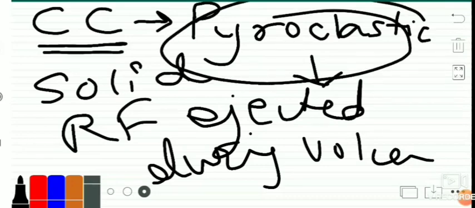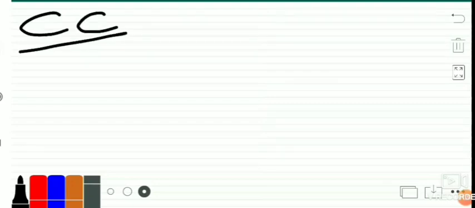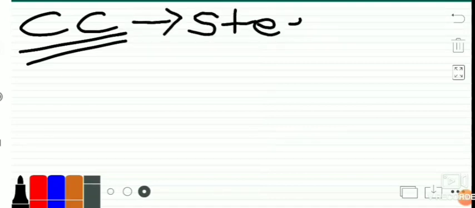So the cinder cones are made up of pyroclastic material. Now since they are made up of pyroclastic material, they are steeply sloped, or their slope is steep, right?